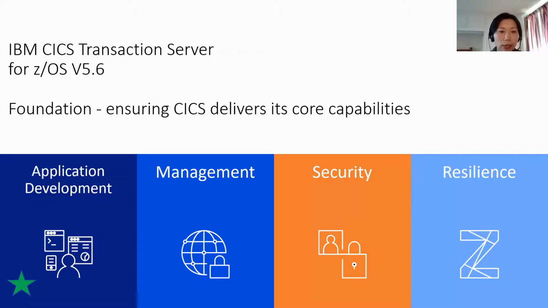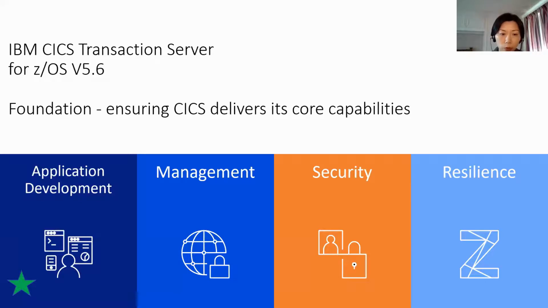For CICS TS server version 5.6, we improved the areas we've listed here. On application development, we would like the application developer, not only the COBOL developer or traditional Z program developer, but also the Java programmer and other off-platform or open platform developers, to be more agile and more comfortable creating applications for Z without needing much Z knowledge.